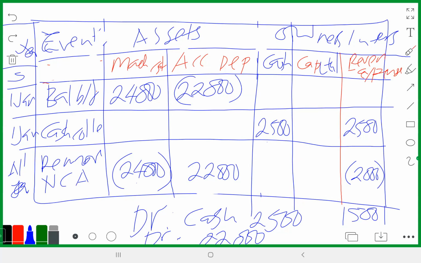Then what do you debit? You debit all the expenses, and after debiting the expenses, you debit all the assets. All the assets have a debit entry. And what else do you debit? The losses as well.